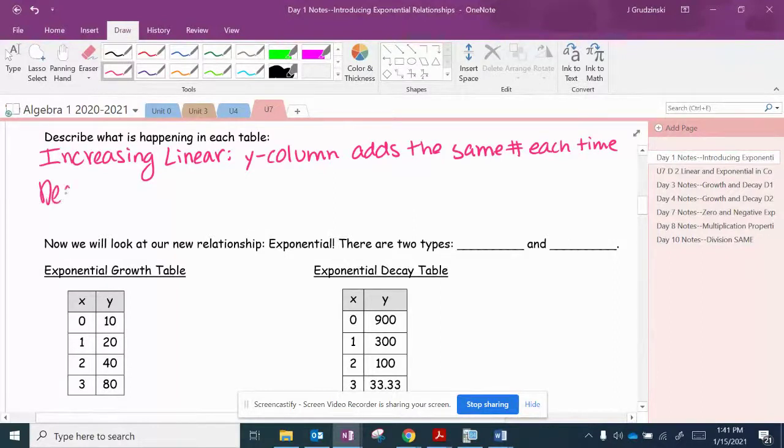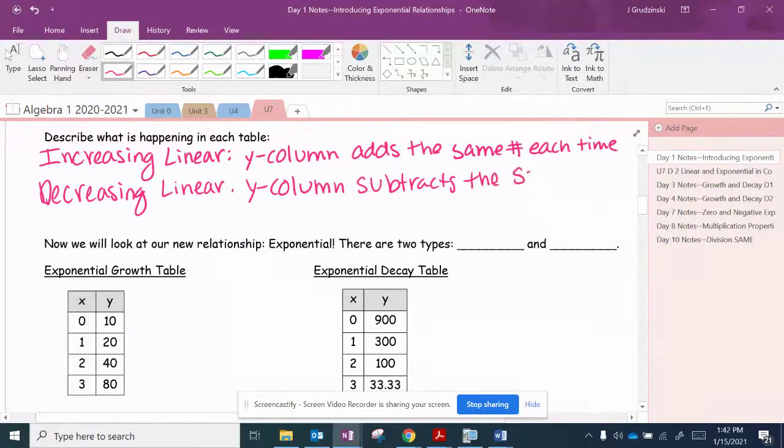If it's decreasing linear, the y column subtracts the same number each time.